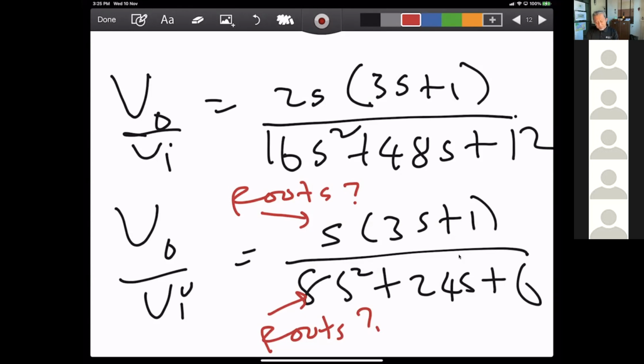Aisyah Soleha. Yes, Prof. What are the roots for the numerator? 0 and negative 1/3. And the denominator?